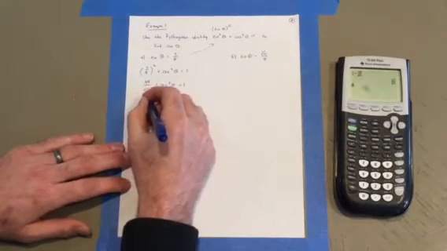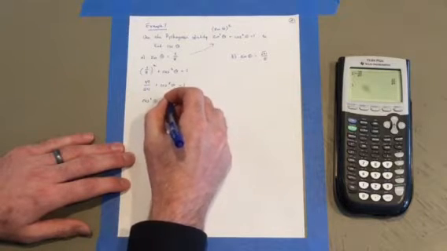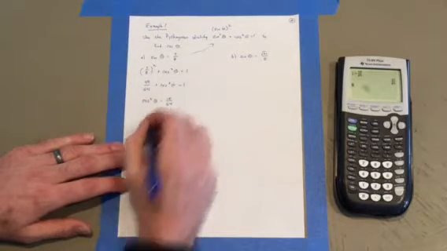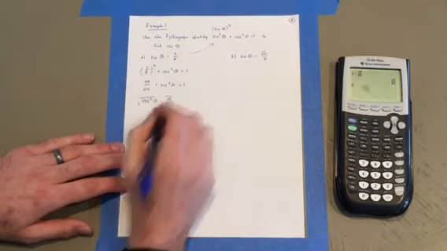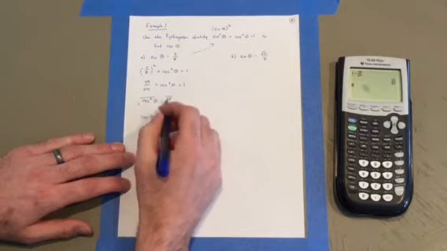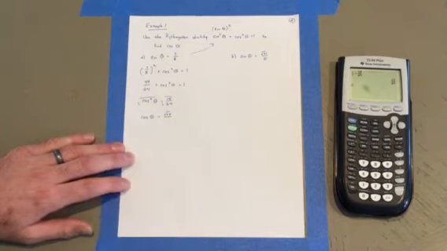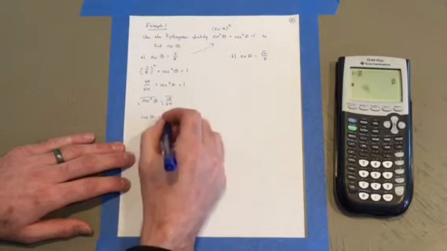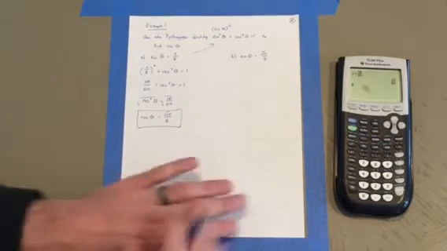So cosine squared theta equals 15 over 64. To get rid of the square, I'm going to square root both sides. Square root 15 doesn't come out even, so I can leave that, and square root 64 is 8. And there's our cosine.